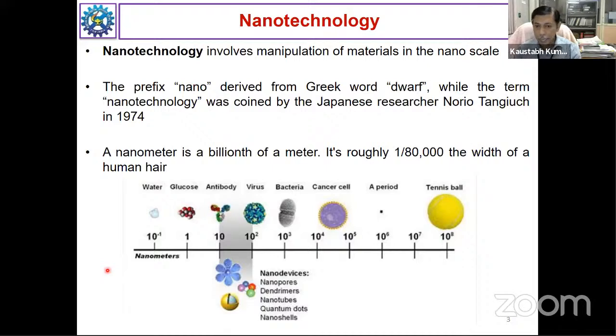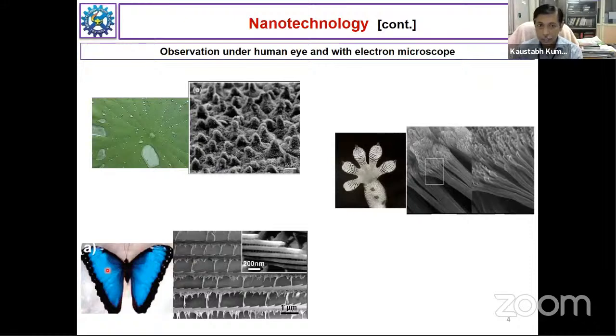If you scale all these things to the nanoscale, you can feel what their positions are. This is a picture where I can show you, through an electron microscope, how a bulk material features in nanoscale dimensions.